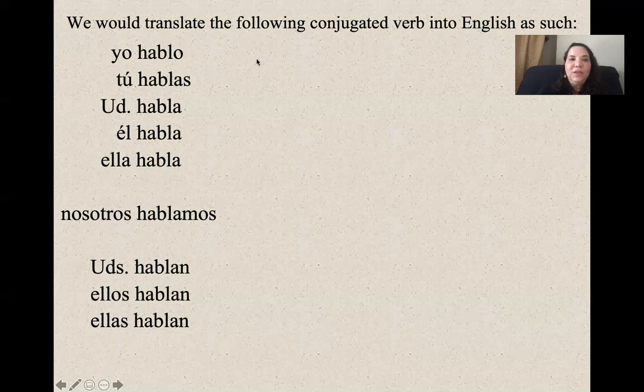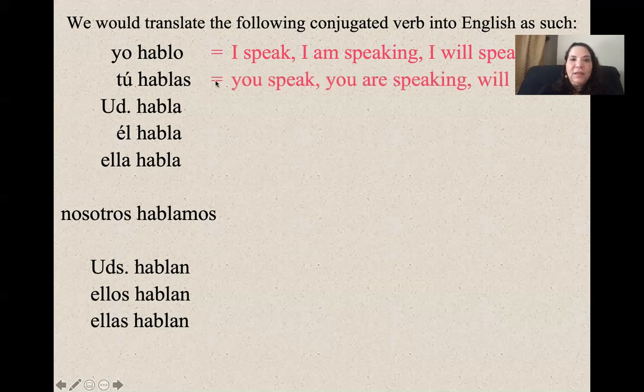I want you to pay attention to this because in English, it depends. It has different meanings. Yo hablo could mean I speak, I'm speaking, I will speak. Tú hablas could mean you speak, you are speaking, you will speak.